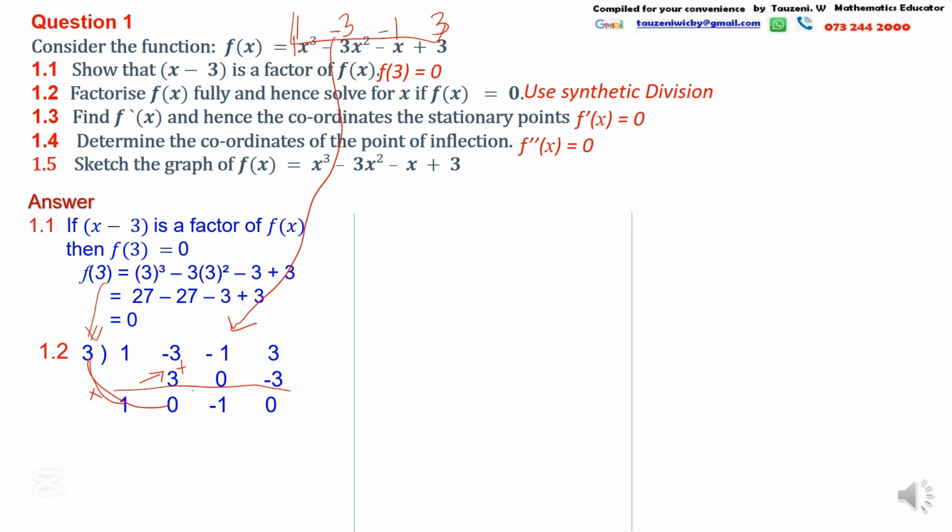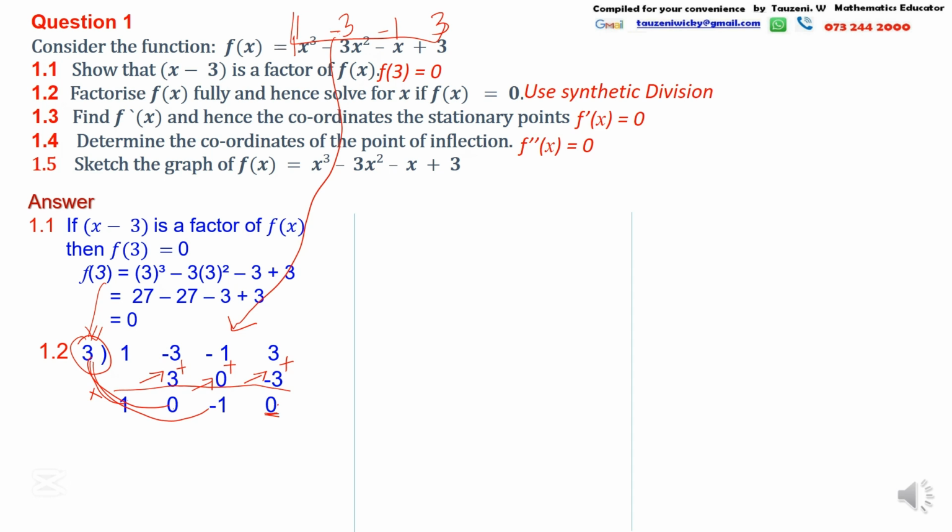The answer that you get, you write it under the next column and you add these numbers to get minus 1. Then you multiply again, 3 times negative 1. The answer that you get, you write it under the next column. Then you add these numbers to get 0. If this number that you are using here is a factor, like you proved in number 1.1, then the last number that you get here definitely must be 0.